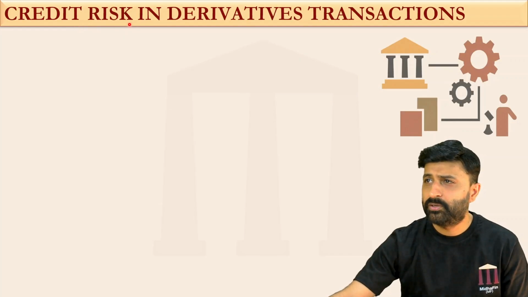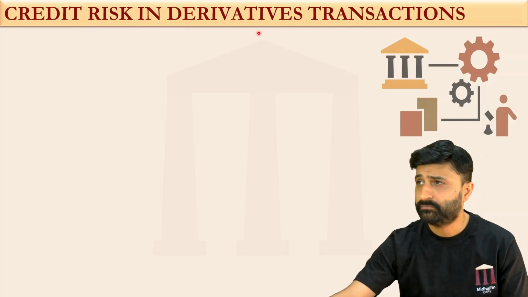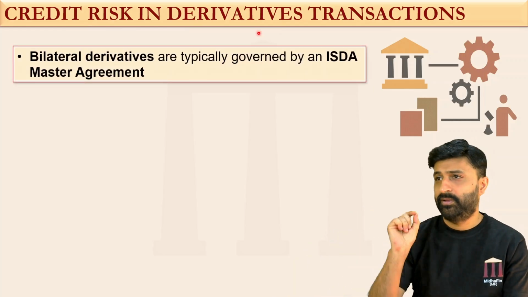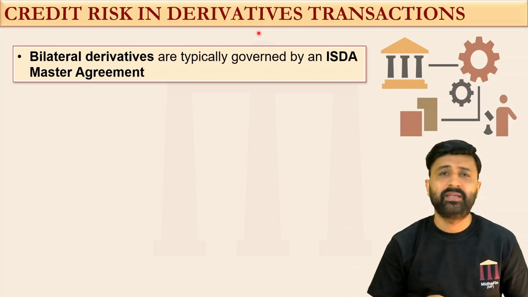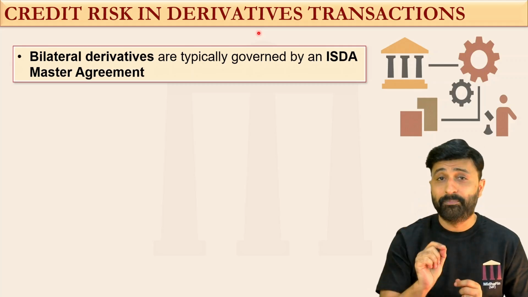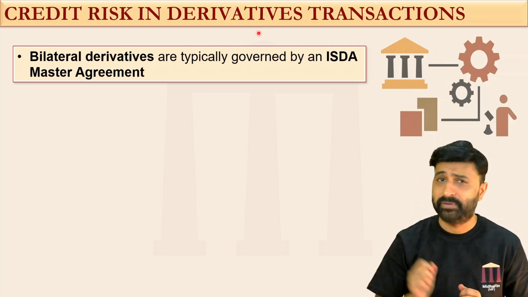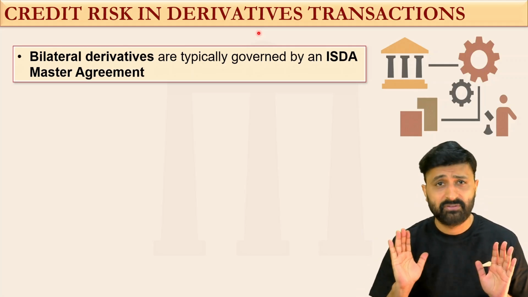Okay, let us start with credit risk in derivative transactions. The first point, bilateral derivatives and ISDA. Typically bilateral derivative transactions between two companies, between two counterparties, are governed by the ISDA master agreement. That is the International Swaps and Derivatives Association's standard framework.